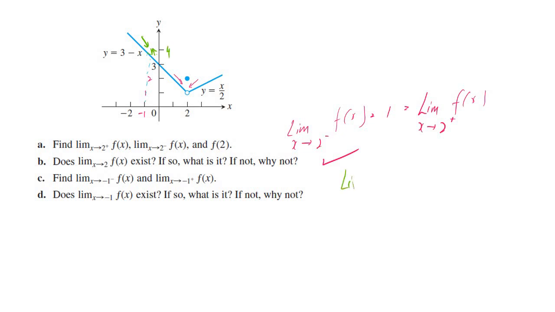So the limit as x tends to minus 1 from the negative side of f(x) is equal to 4, and is equal to the limit as x tends to minus 1 from the positive side of f(x). So again, the limit exists.